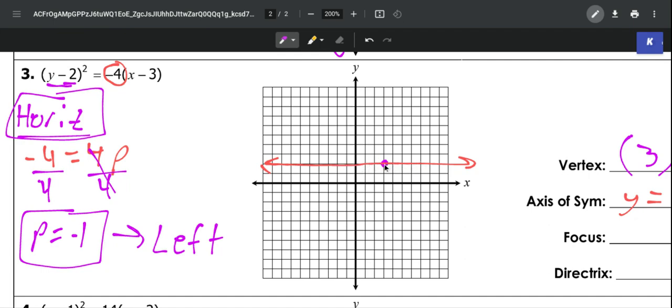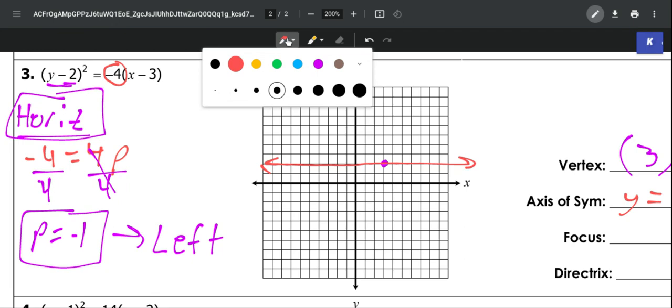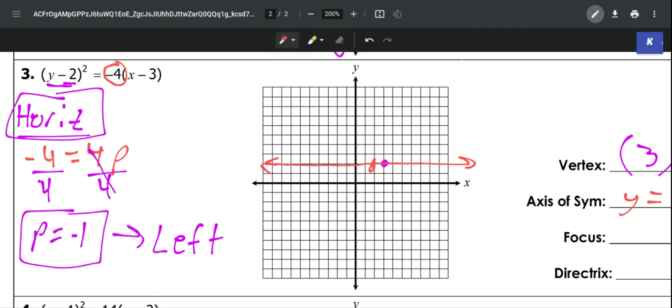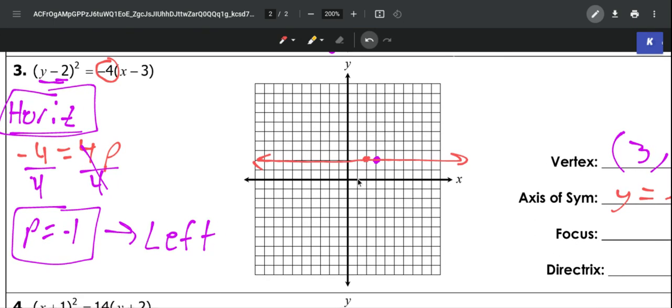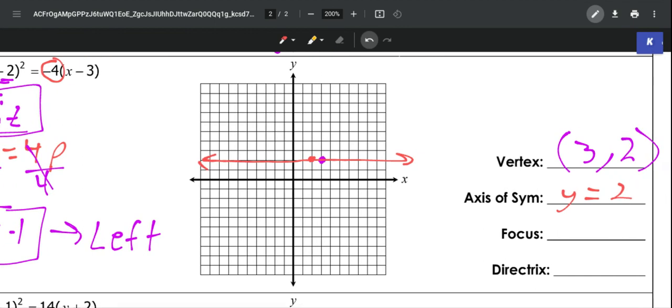So -1 unit on the x-axis would go to the left 1 from the center, which would put me right here. So it would be right there. So that is our focus. And then our directrix, well, first let's write down that ordered pair. So that would be 2, 2. I think, yeah. So the focus would be at that ordered pair 2, 2.